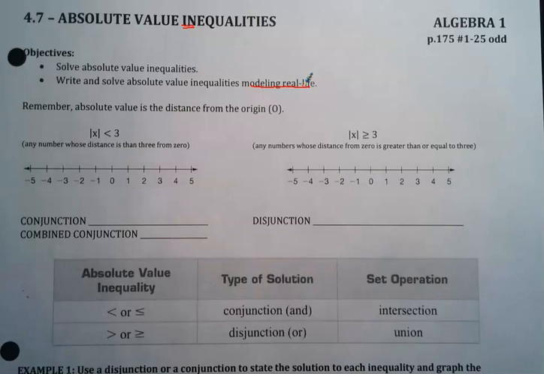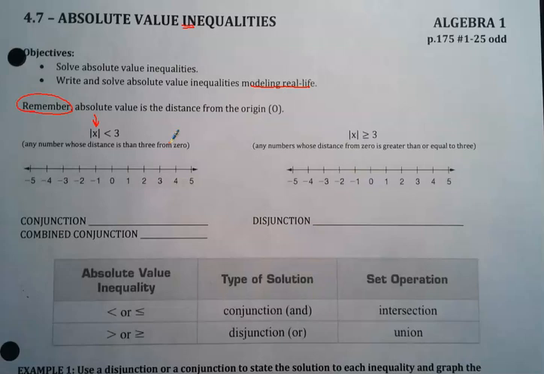All right, so remember, because you've talked about absolute values and learned about them for a long time, absolute value is the distance from the origin. In these cases, you'll notice that our variable is inside our absolute value. So the absolute value of x has to be less than 3. That means any number whose distance is less than 3 from 0.